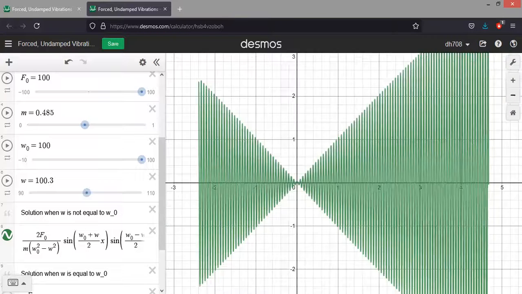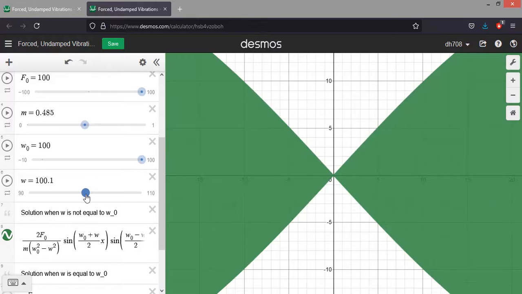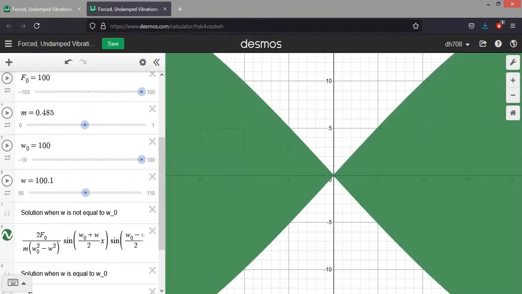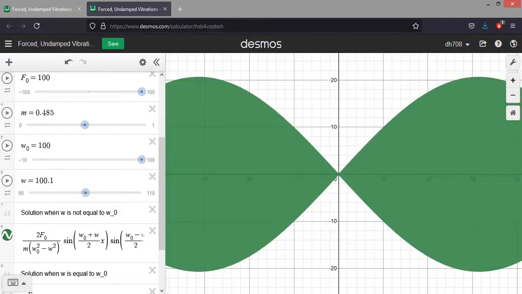If I actually zoom out, I get the same sort of picture that I had earlier. And actually, it doesn't work when I plug in omega is 100 because I'm dividing by 0. So Desmos won't let me do that. But if I plug in something very close, you can see that it is curved, but only when you zoom out long enough, you'll see that.